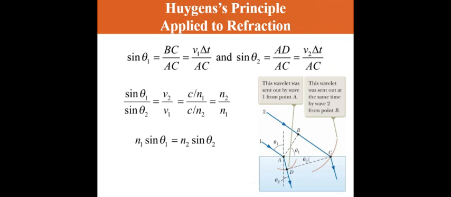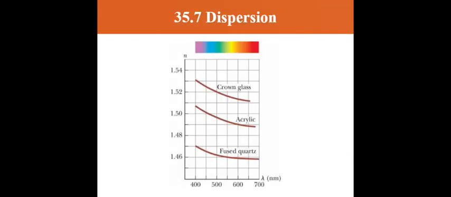And the principle can also be used to derive Snell's law. I leave the derivations in the textbook, though they're worth your time if you want to learn a bit more about wave geometry. It's a good exercise.